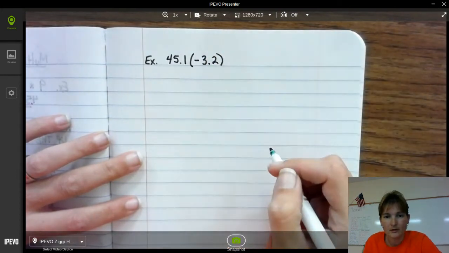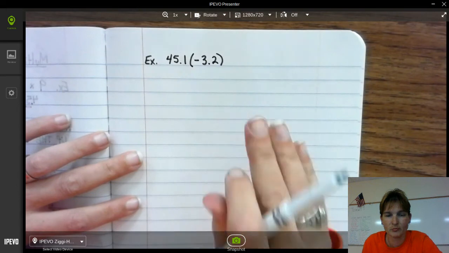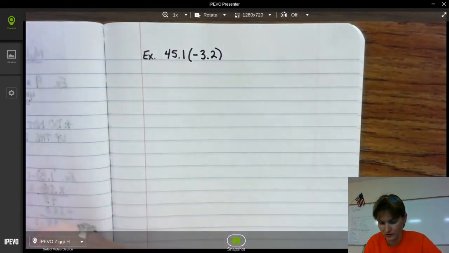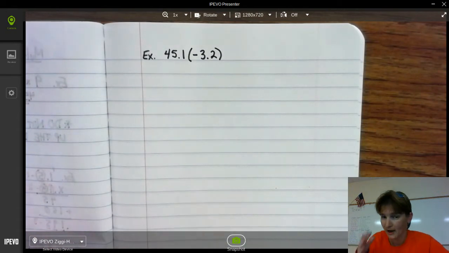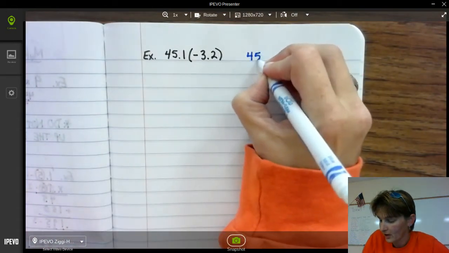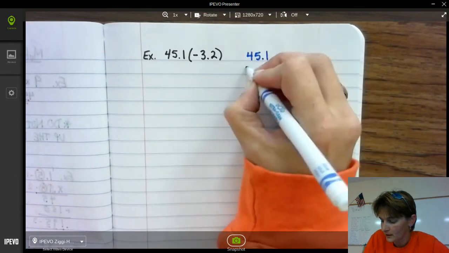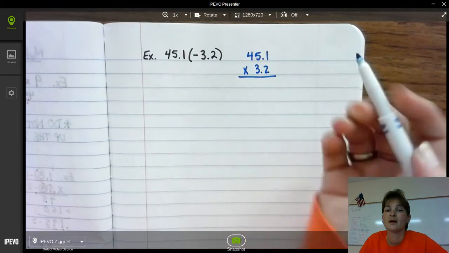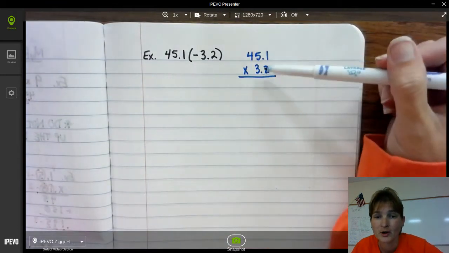Okay, again, your first step, multiply your numbers like normal. These aren't stacked. I'm going to stack them first so that I can do my multiplication a whole lot easier. 45.1 times 3.2.